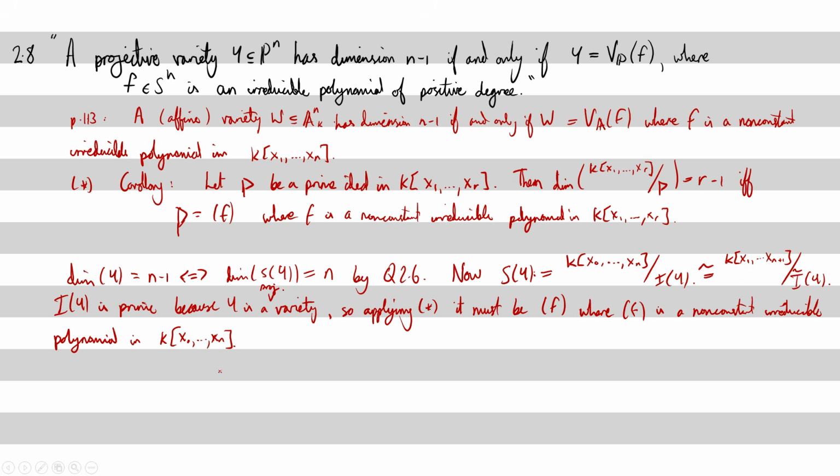Now, the non-constant gives you positive degree, irreducible is irreducible. The only thing that we have left to show is that f must be homogeneous.